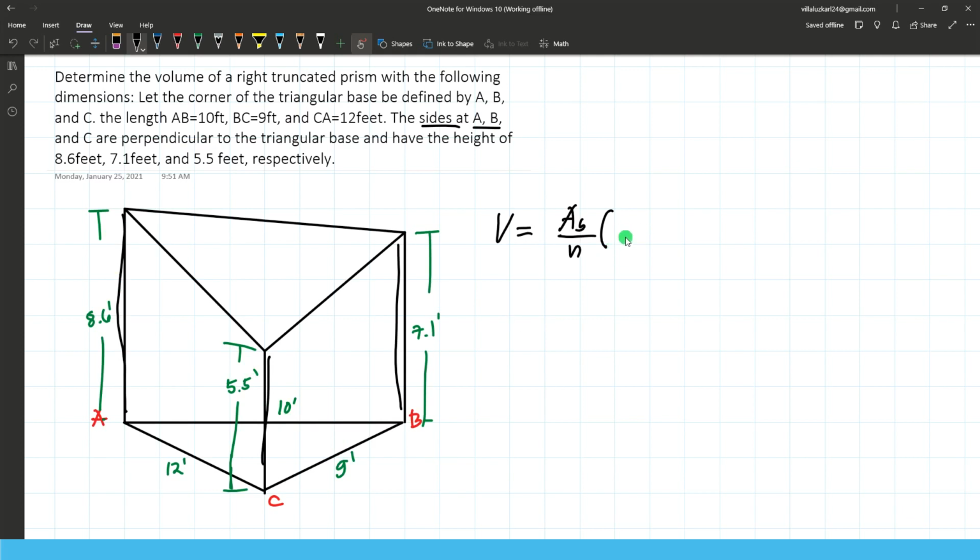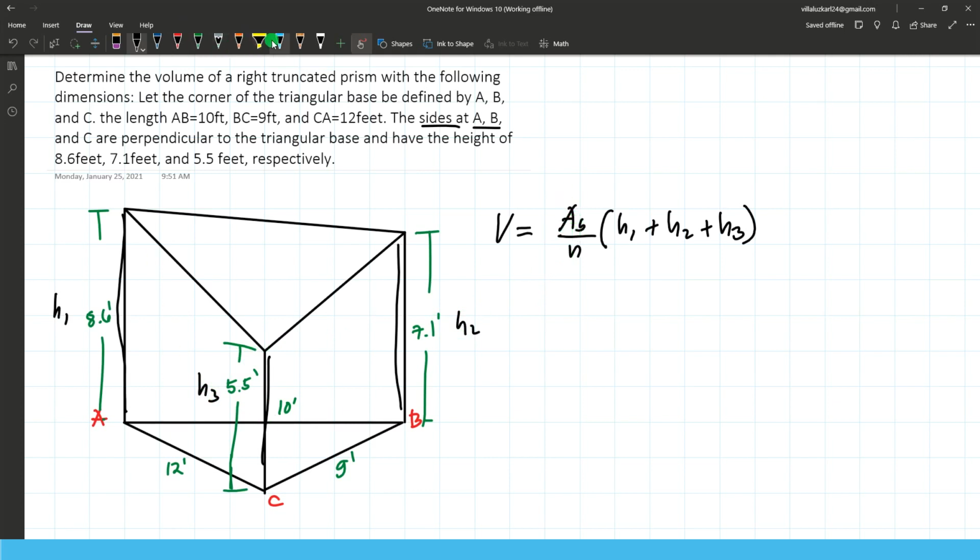So we have H1, H2, and H3. Let's assign H1 here, H2, H3. First, determine the area of the base.